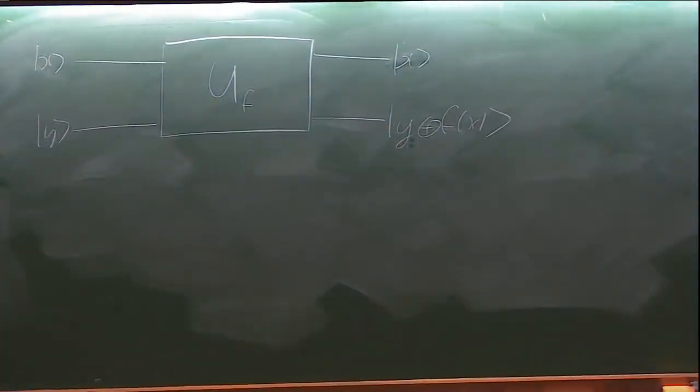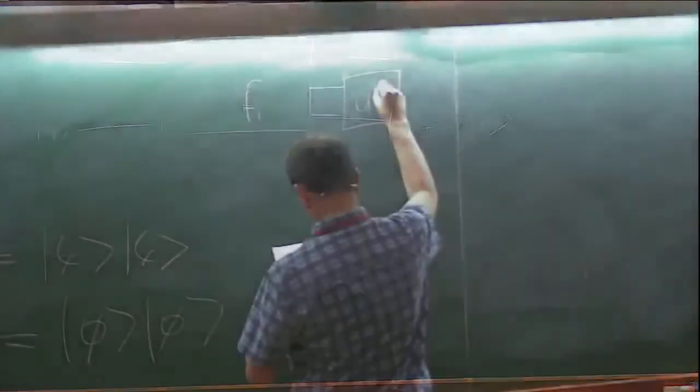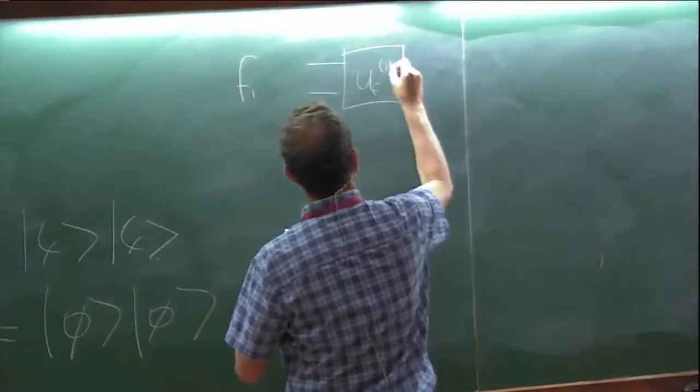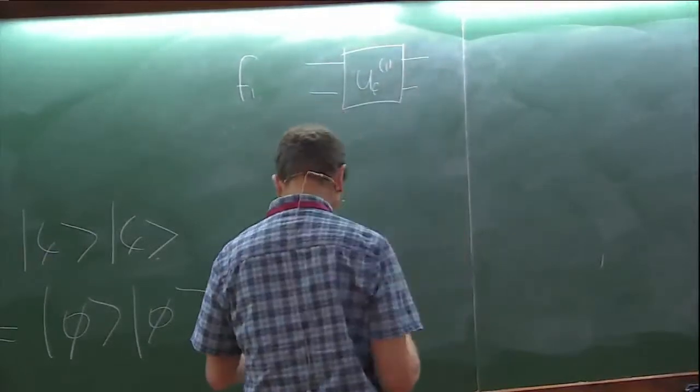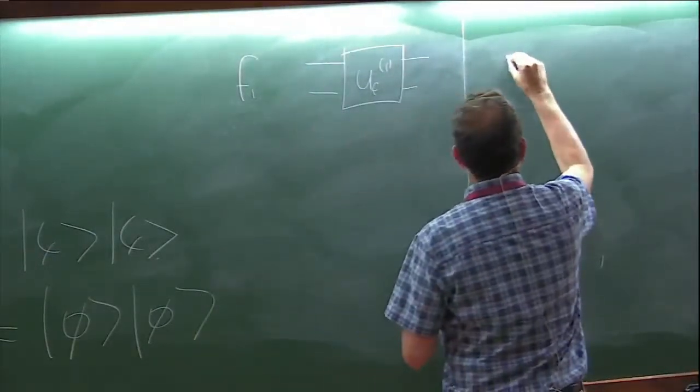All right. So for each of these 4 functions, let's represent them by a quantum circuit. All right, so we start here. So F1, okay, this is going to be U, F for the first function.